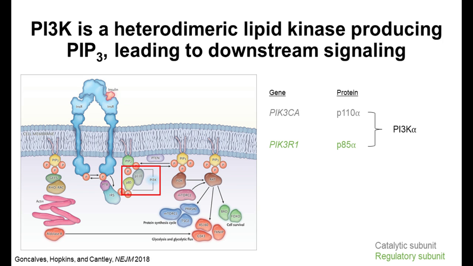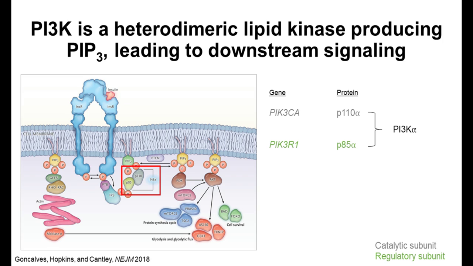PIK3CA, colored in gray, codes for the protein P110 alpha, while PIK3R1, colored in green, codes for the protein P85 alpha. P110 alpha is the catalytic subunit. It's the business end of the molecule, if you will, while P85 alpha is the regulatory subunit. It's necessary for P110 activity, but in and of itself is not catalytic. And together, these proteins bind together and form the PI3 kinase alpha complex.